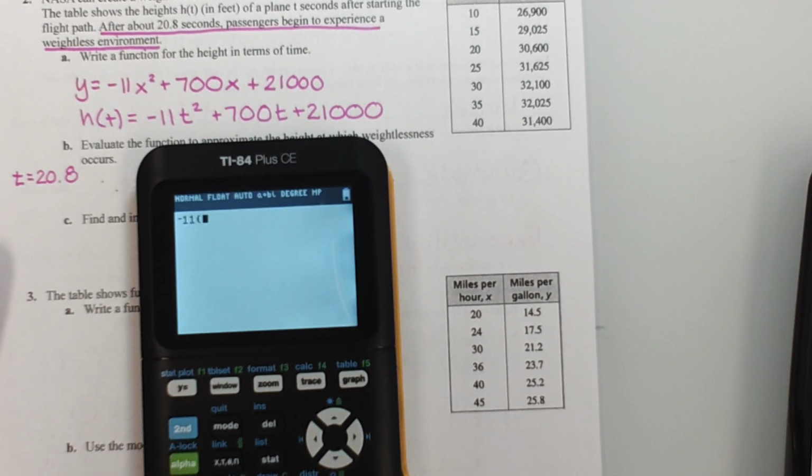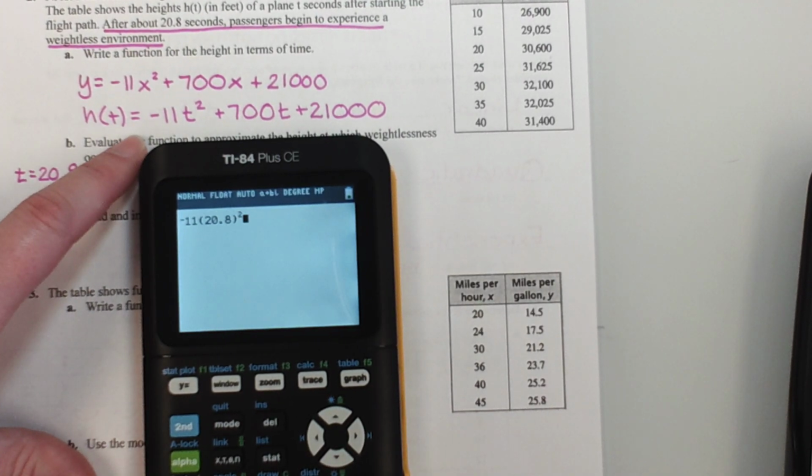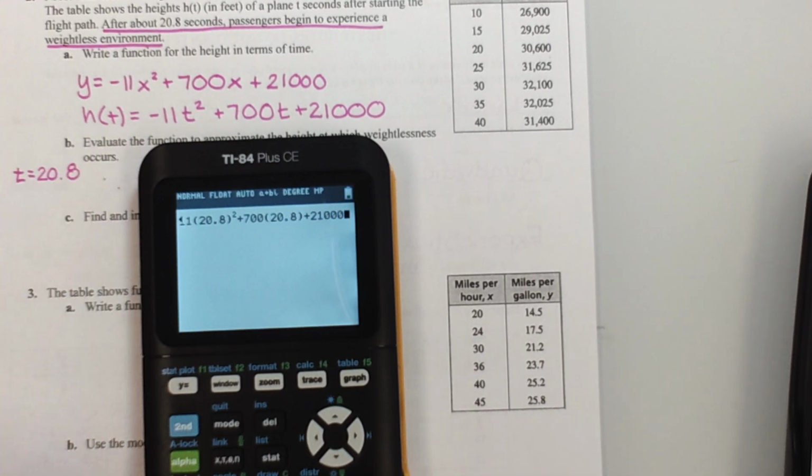Negative 11, 20.8 squared plus 700 in parentheses 20.8 plus 21,000. Put the number you plug in parentheses. Nothing else goes in parentheses unless parentheses were already there. They weren't.